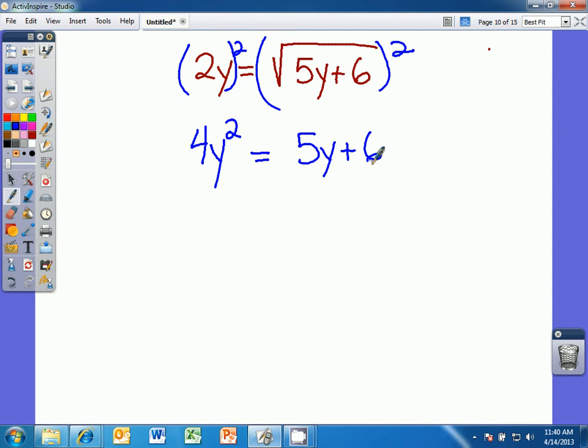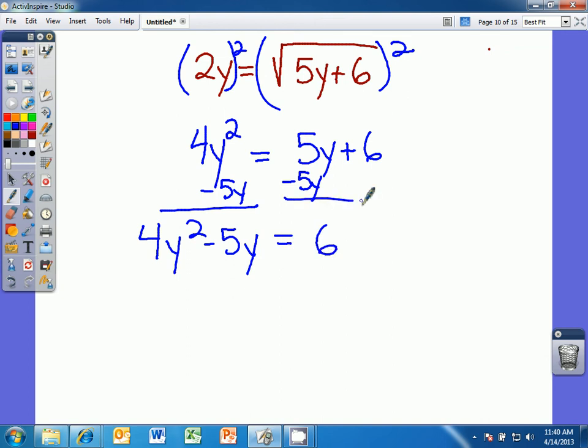I'm now going to move all terms to the left-hand side and set this equation equal to 0 so that I have an easily factored quadratic equation. I'm going to subtract a 5y from both sides, and I get 4y squared minus 5y is equal to 6.